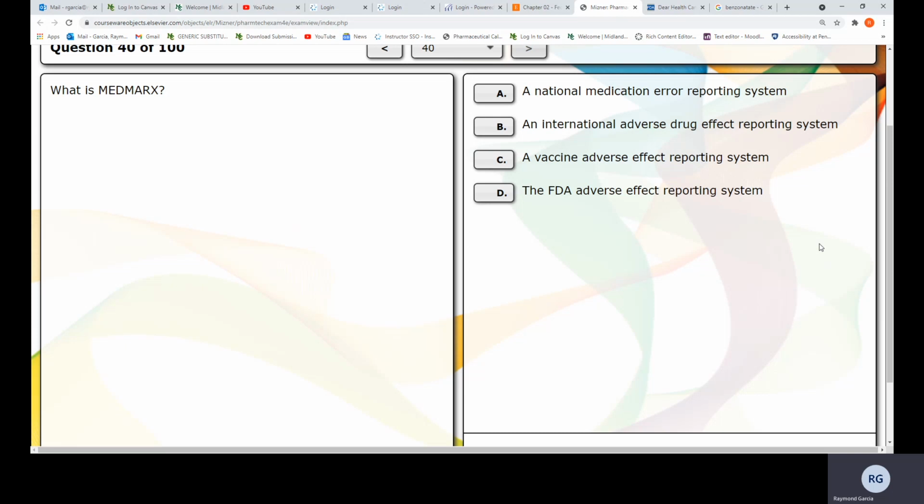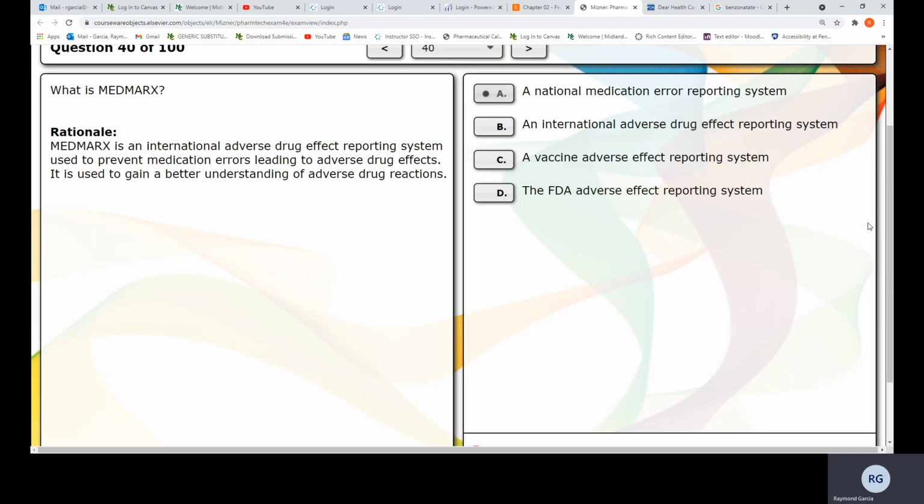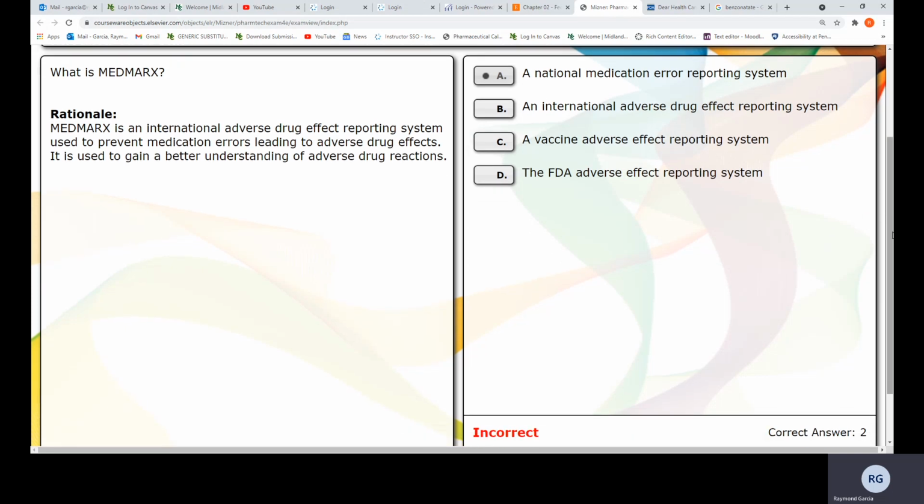MedMARX is an international adverse drug effect reporting system used to prevent medication errors leading to adverse drug effects.